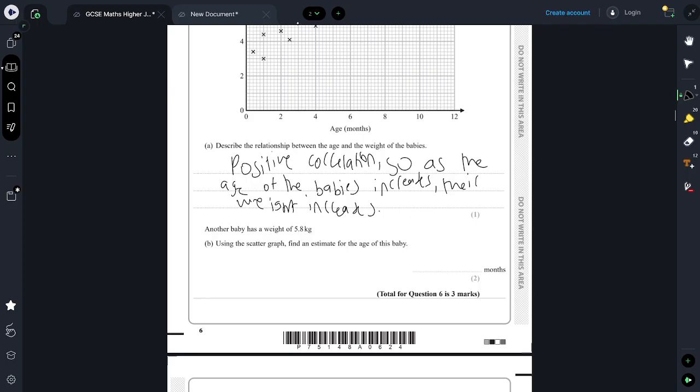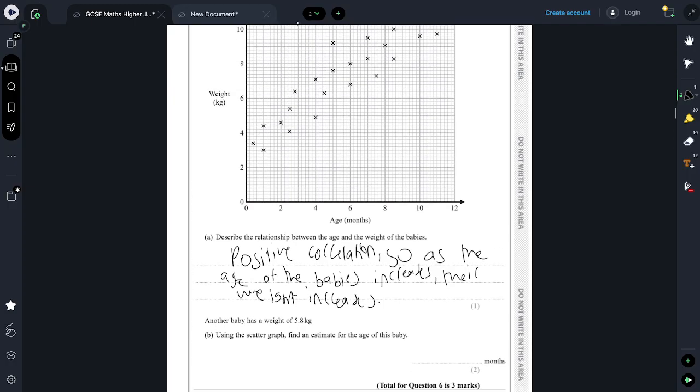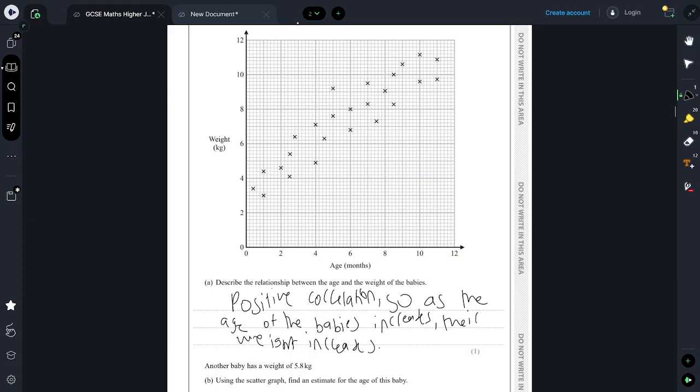Okay, so then it says another baby has a weight of 5.8 kilograms. Use the scatter graph to find an estimate. Because the points genuinely follow a pattern, which is positive correlation, we can draw a line of best fit.